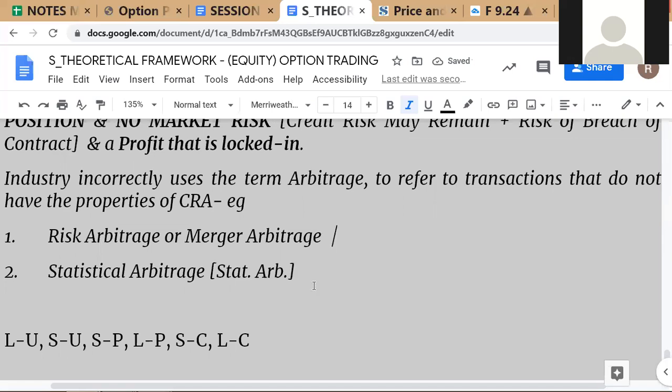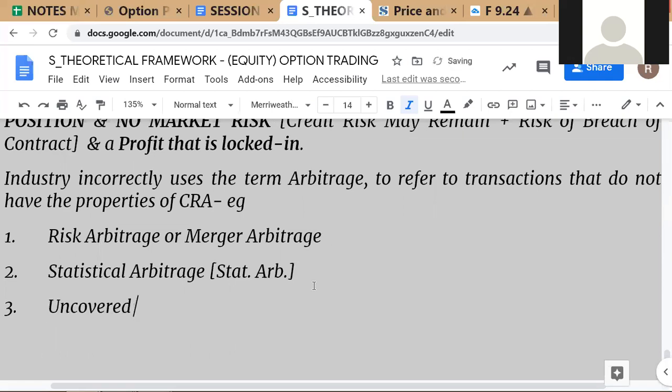Now the third example of the use of the word arbitrage. These are very common transactions which are used in the markets, which are referred to with this kind of labeling, which is not correct.